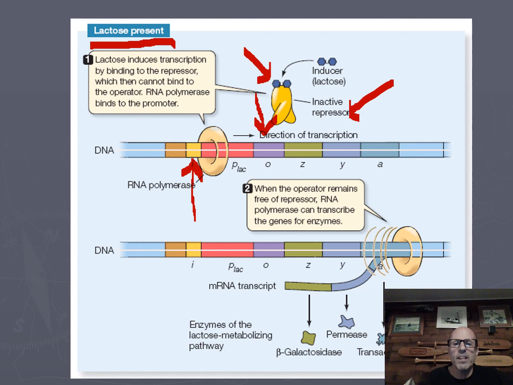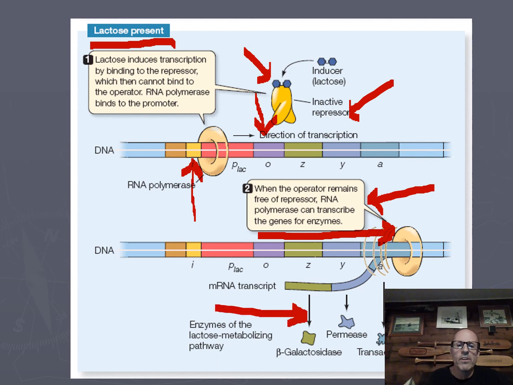So what we can see here is when the operator remains free of repressor, the RNA polymerase can actually continue to transcribe the 3 genes downstream from the operator, therefore producing the 3 enzymes that are needed to break down the lactose.